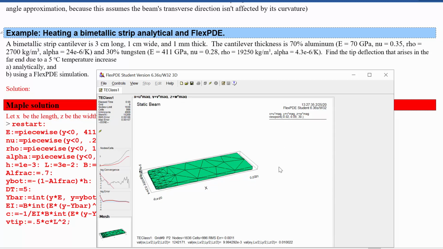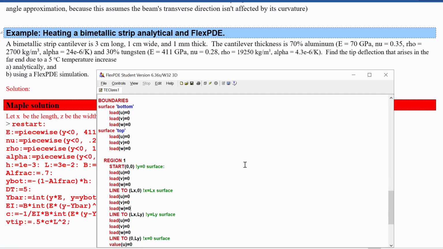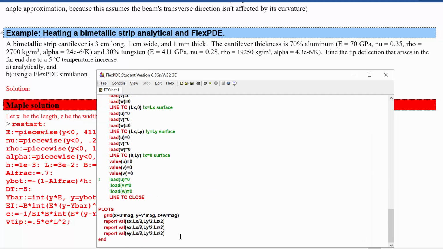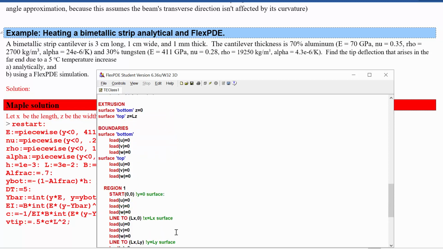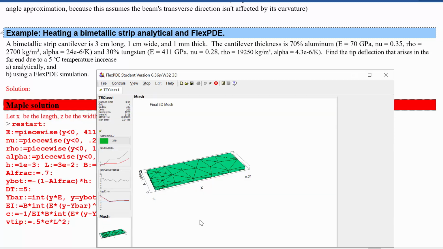But we can preemptively determine what the tip displacement is by asking for a report of V at Lx, Ly over 2, Lz over 2. Right. So this will be telling us what the tip displacement is, and we expect right now that it's 0 because there's nothing causing actual curvature here.